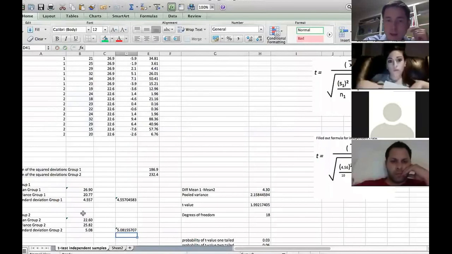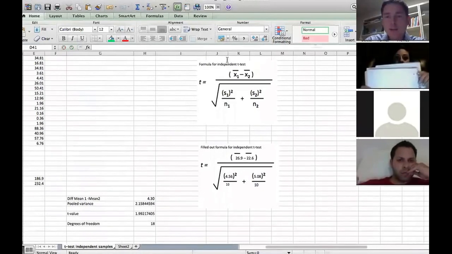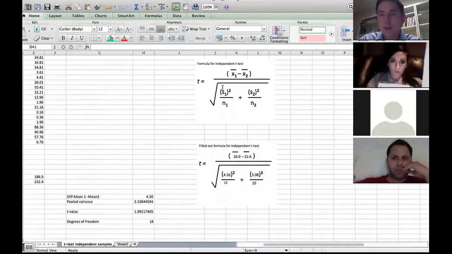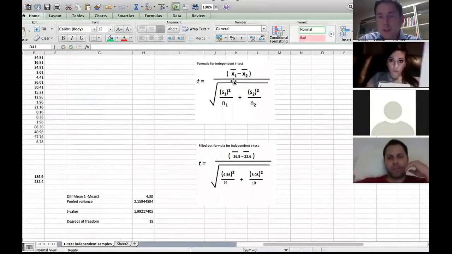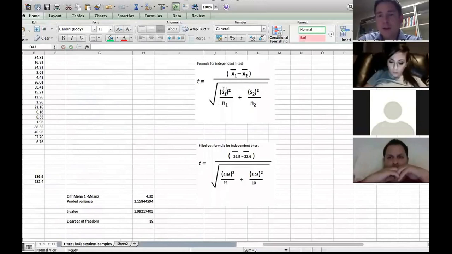So now we have all the necessary information, right? If we look at the formula for the independent t-test, we need the sample size, the average for group 1, x bar 1, the average for group 2, x bar 2, and then for the term under the bar, the line here, we need the standard deviation for group 1, n of group 1, standard deviation of group 2, n of group 2.